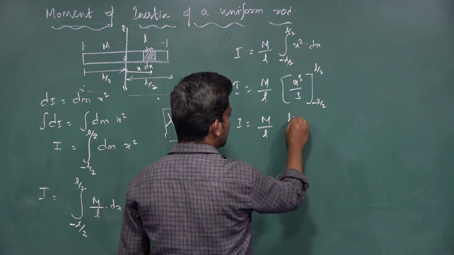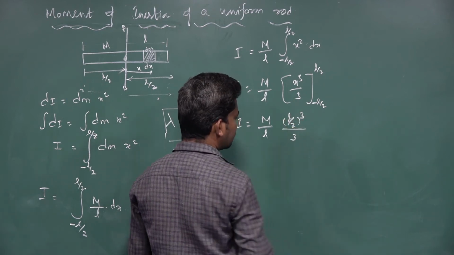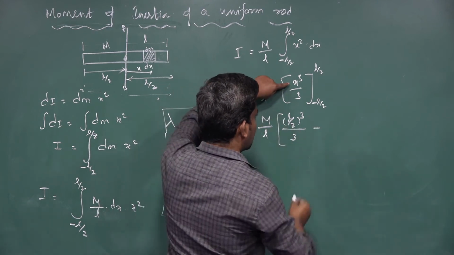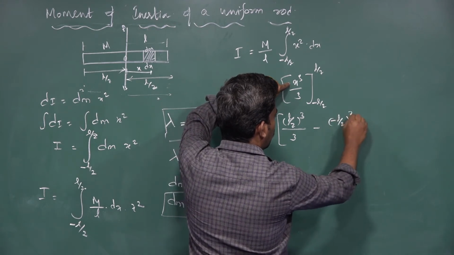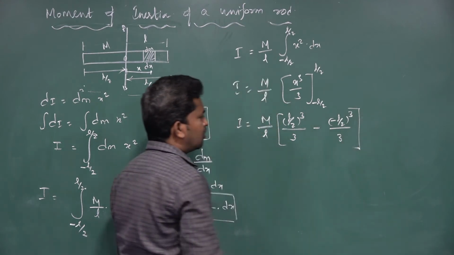So substitute: L divided by 2, whole cube, divided by 3. This is the upper limit, and minus the lower limit. The x value is minus L divided by 2, whole cube, divided by 3. This is the lower limit.